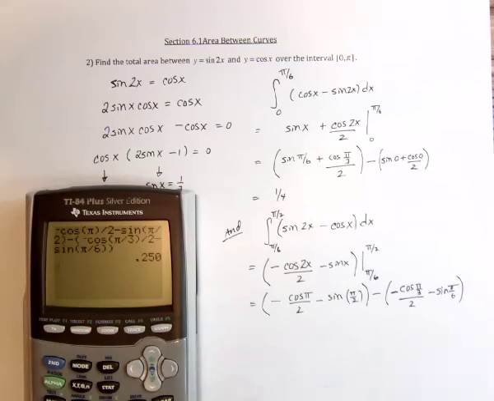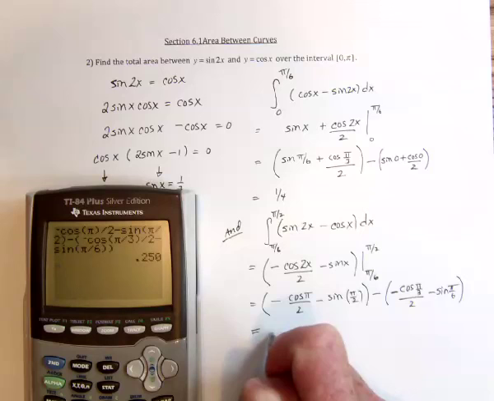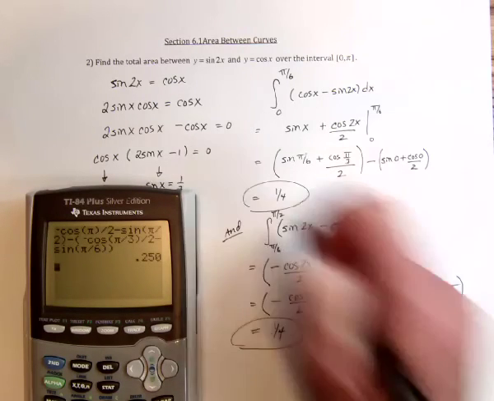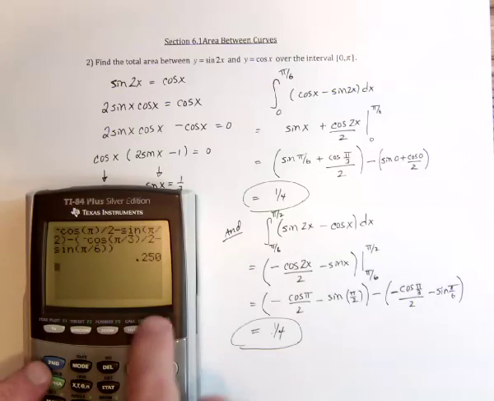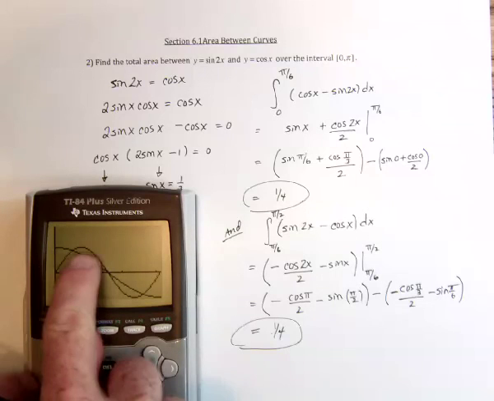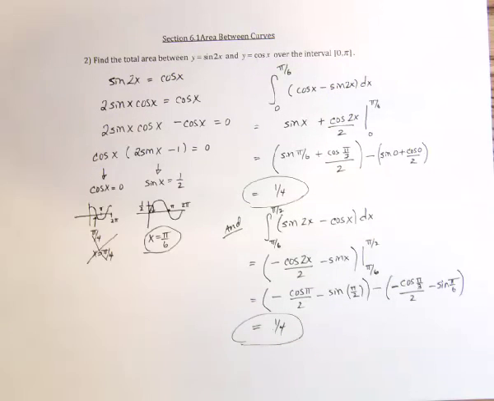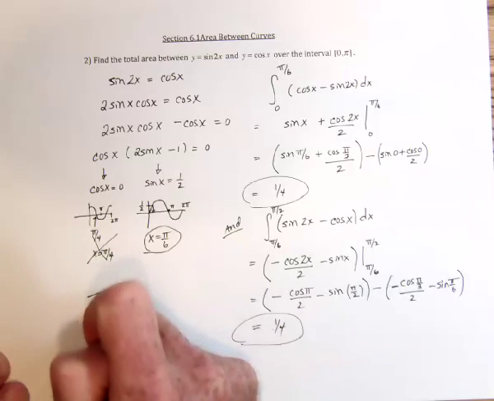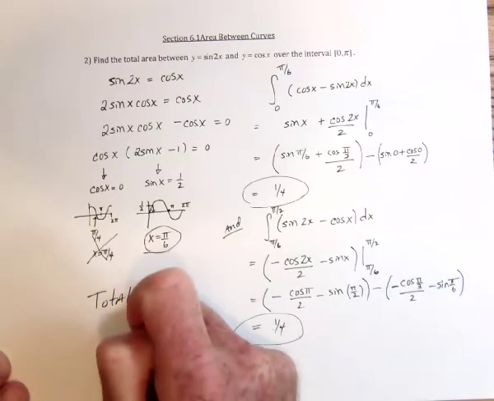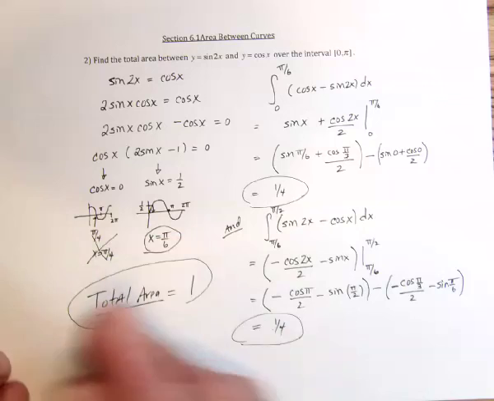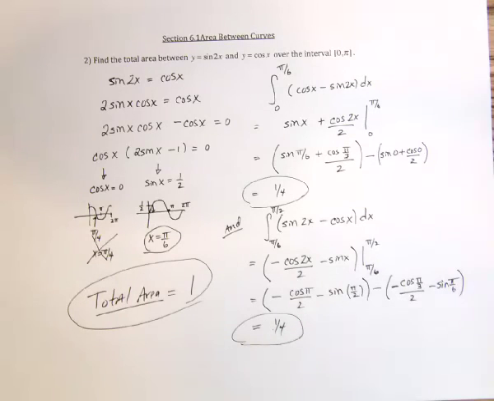Whoa! It's also a quarter. Okay, so we've got a quarter plus a quarter is 50 cents. So we've got a quarter plus a quarter plus a quarter plus a quarter. So 4 quarters would be 1.